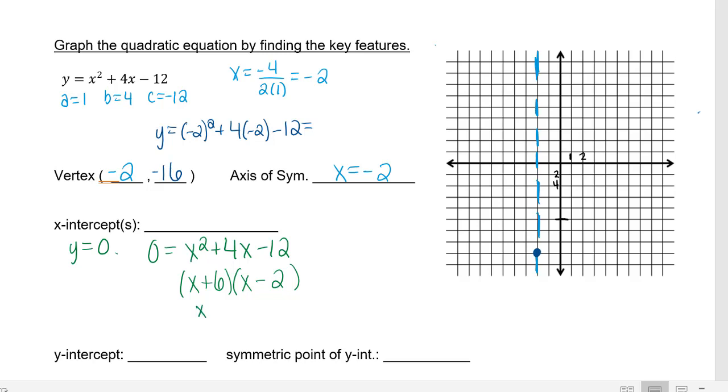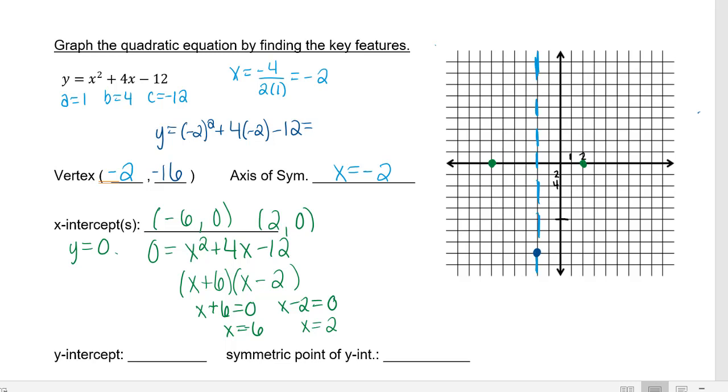Set both factors equal to 0, and we should get x = -6 and x = +2. Writing those as ordered pairs, (x, 0) and (2, 0). And then we can graph those points: (-6, 0), and then (+2, 0). So here's at least 3 of those points.